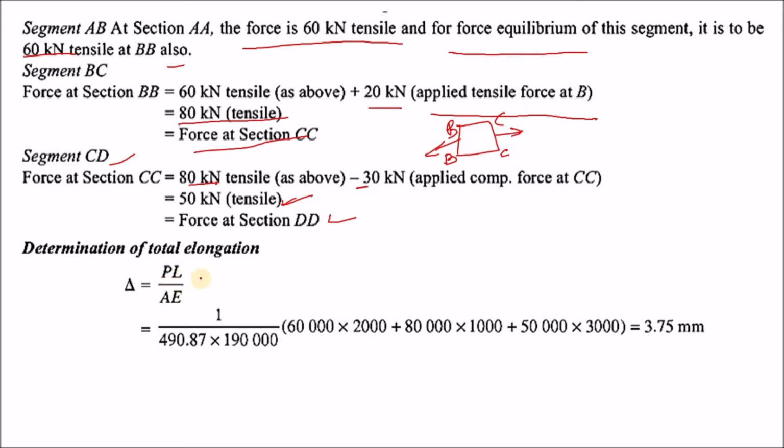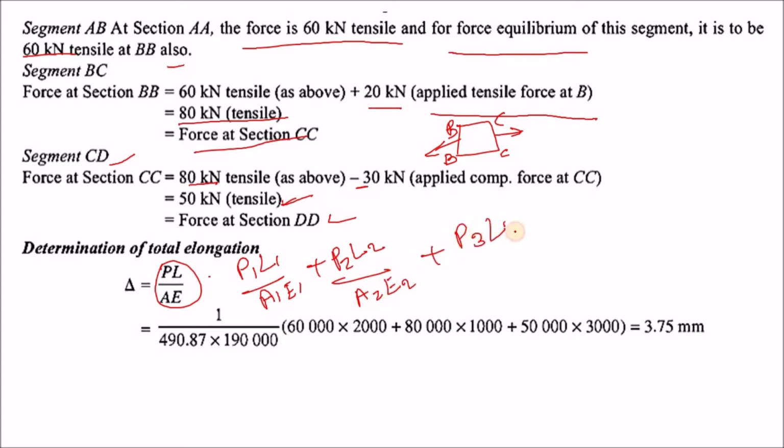In place of this, you should better write delta equal to P1 L1 by A1 E1 plus P2 L2 by A2 E2 plus P3 L3 divided by A3 E3. Using this formula we can solve the problem.